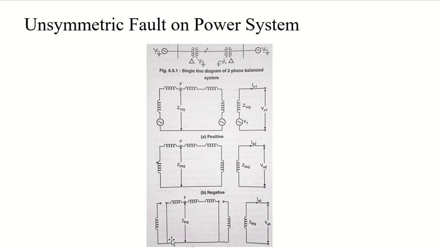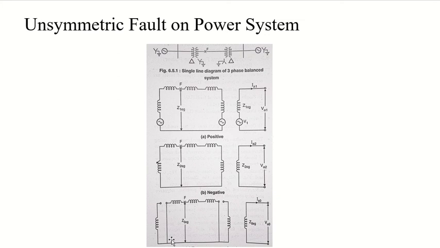And the impedances Z2 EG and Z0 EG are Thevenin's equivalent impedances for the negative and zero sequence networks, which can be seen from the fault, just like Z1 EG, which was for the positive sequence.